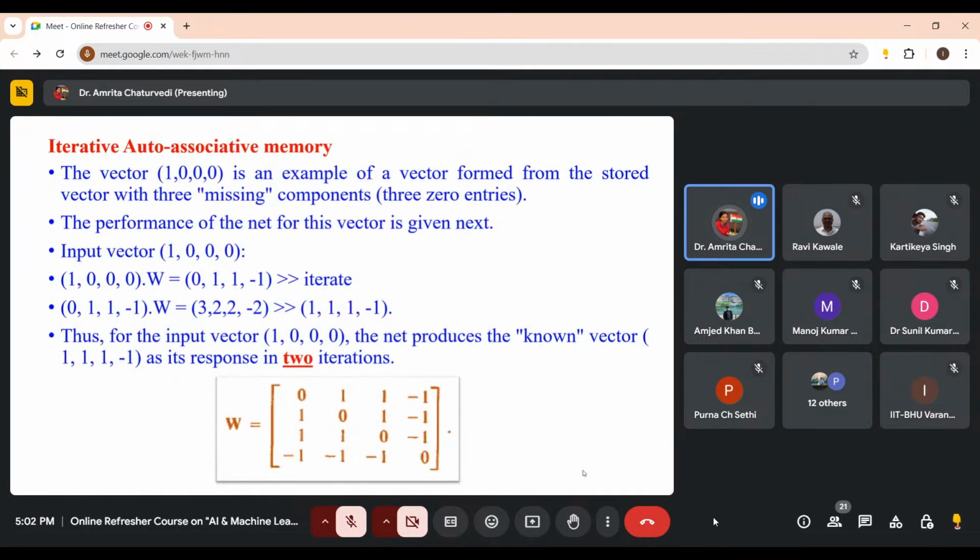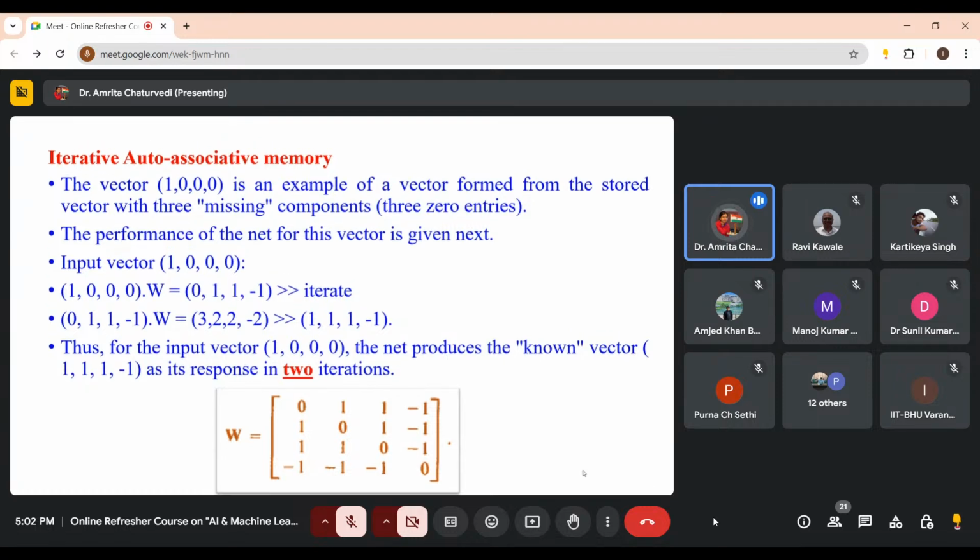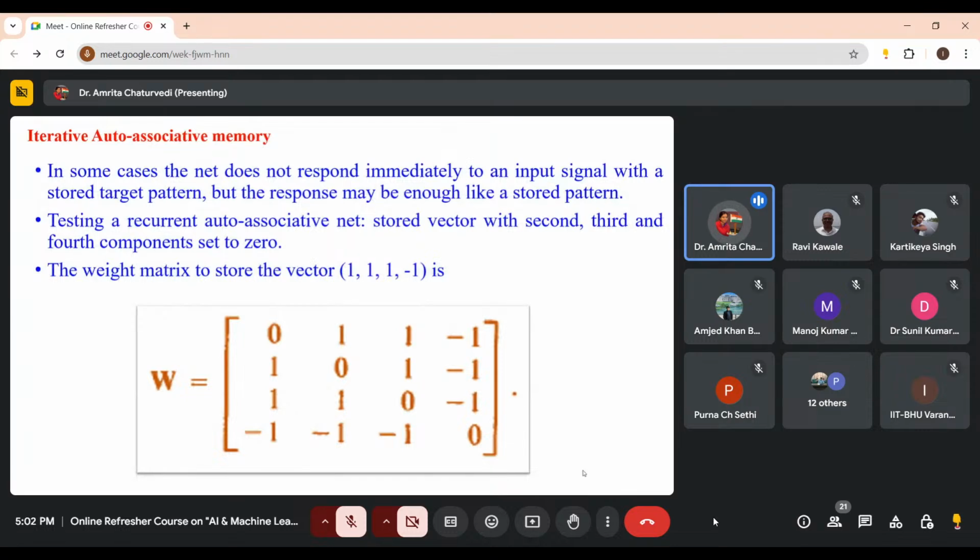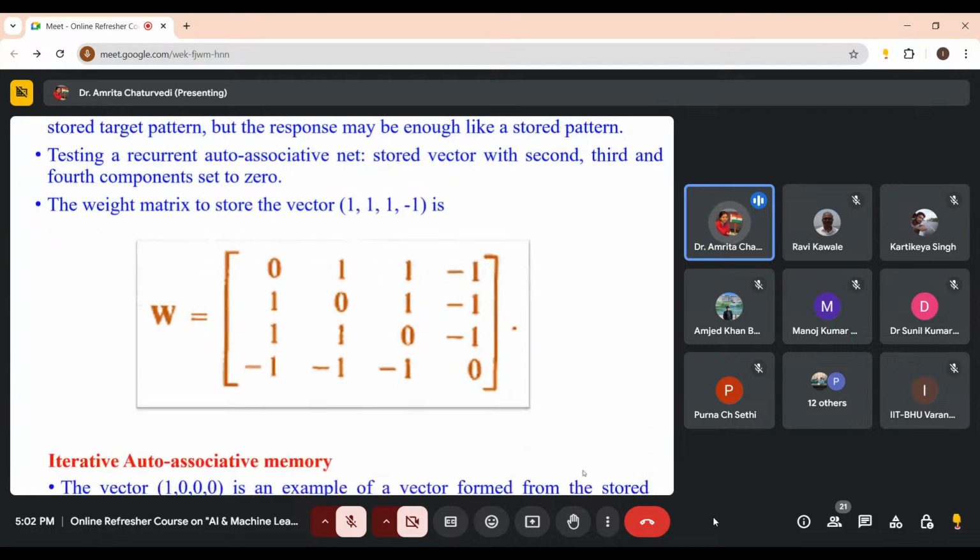Now let us do the checking of this network that we have obtained. So the vector 1, 0, 0, 0 is an example of a vector formed from the stored vector with three missing components, right? So if you see, the stored vector is 1, 1, 1 minus 1. Now if you make the last three values missing, it will become 1, 0, 0, 0.